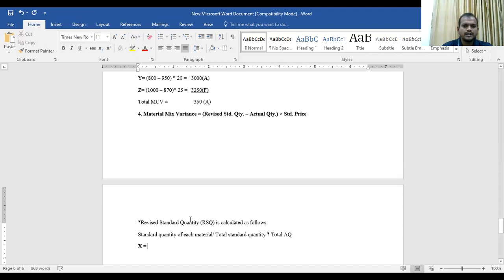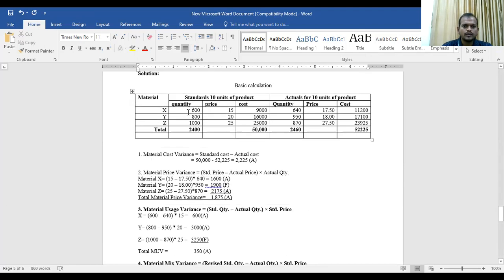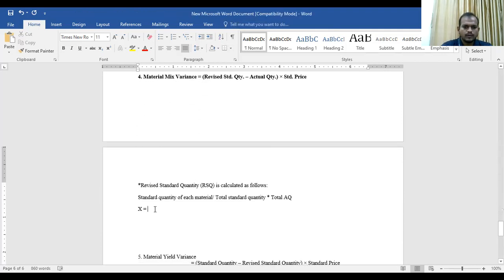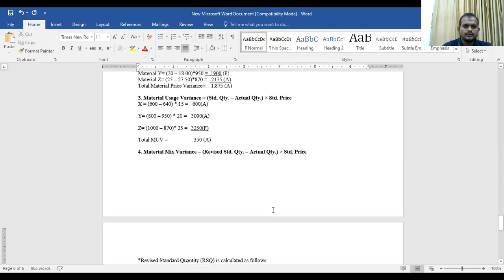Standard quantity of each material: 600, 800, 1000, by total standard quantity.